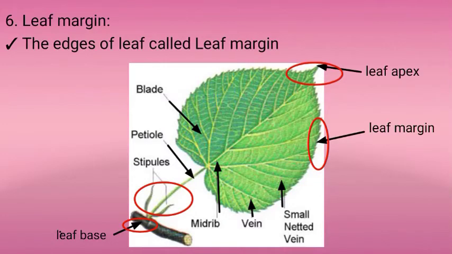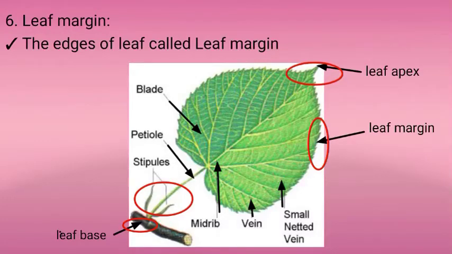Let's check the diagrammatic representation of a leaf. See, the basal part of the leaf where it attaches at the nodal region of the stem or stem branch is called leaf base. The leaf-like structures at the leaf base are called stipules. The long, flexible, stalk-like structure is called petiole.